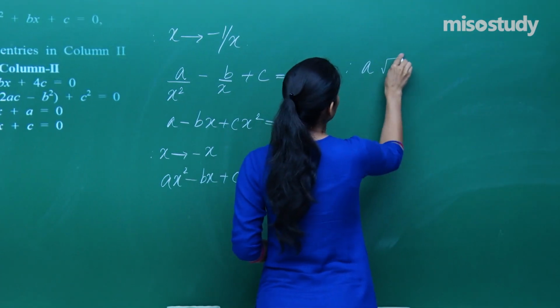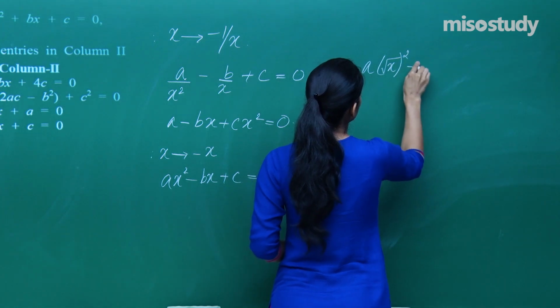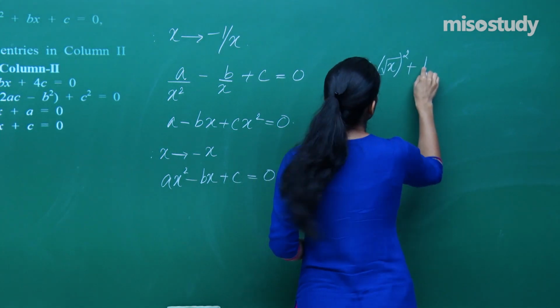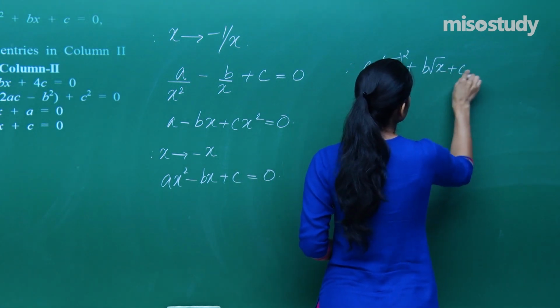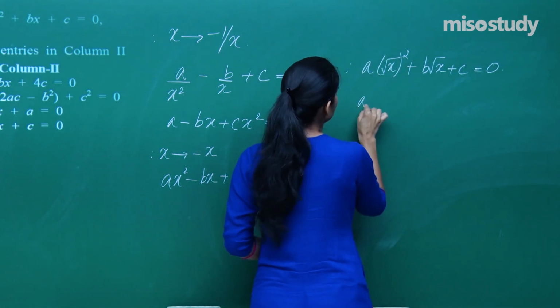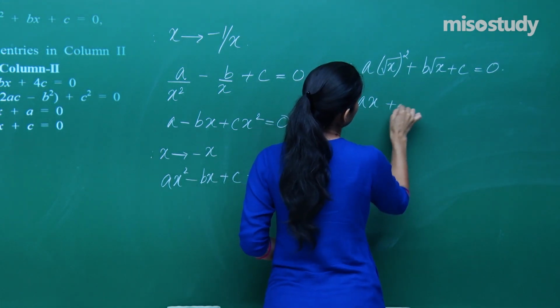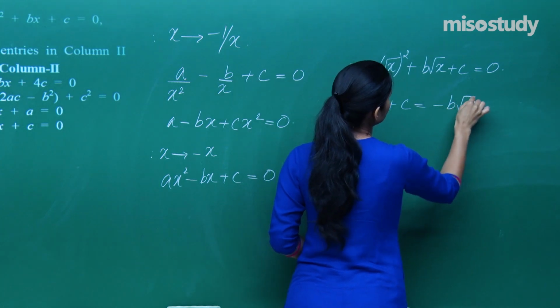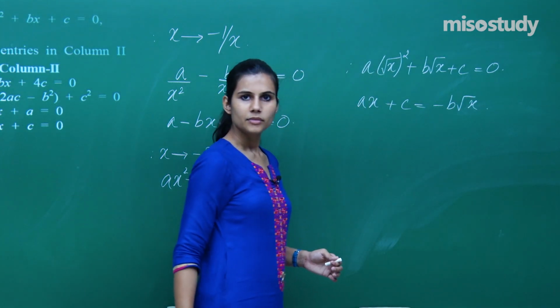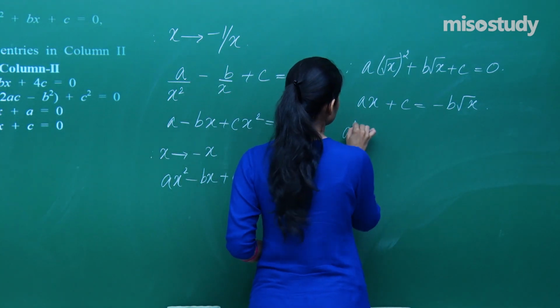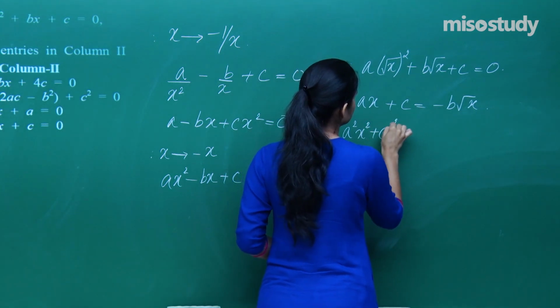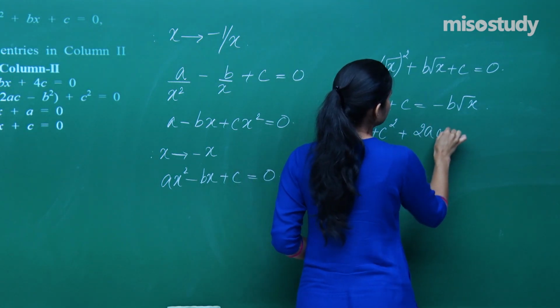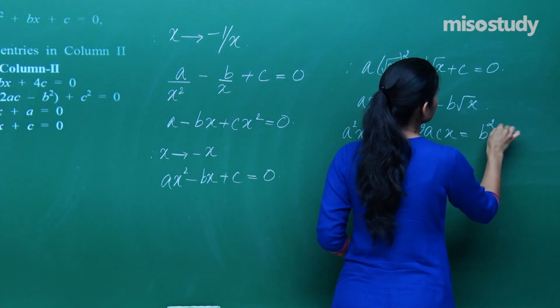So you get a root x whole square plus b root x plus c is 0. So you get ax plus c equals minus b root x. Right? Square both sides, you get a square x square plus c square plus 2acx equals b square x.